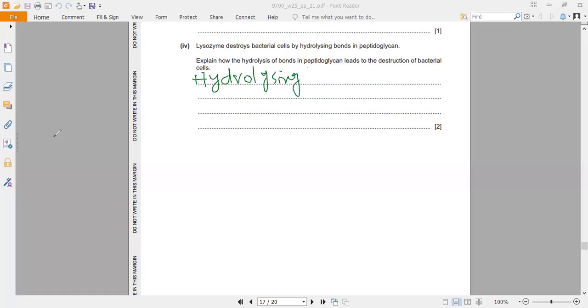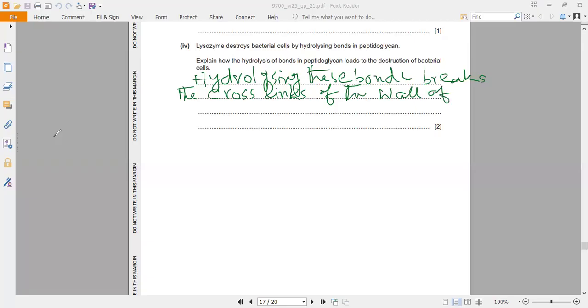Hydrolyzing these bonds breaks the crosslinks of the wall of pathogens.